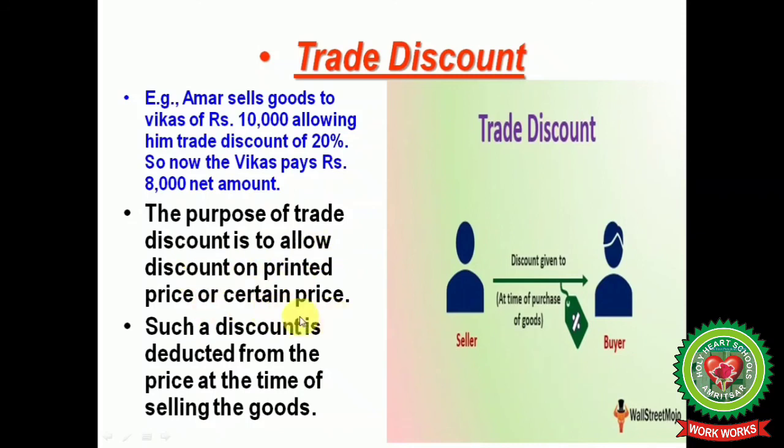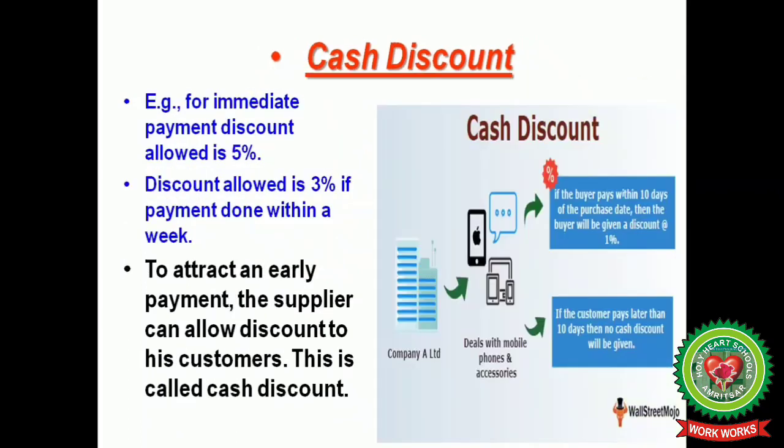Such a discount is deducted from the price at the time of selling of the goods. It is given when the goods are sold, but cash discount is allowed when the seller wants early payment from the customer. So that is the difference between these two discounts.